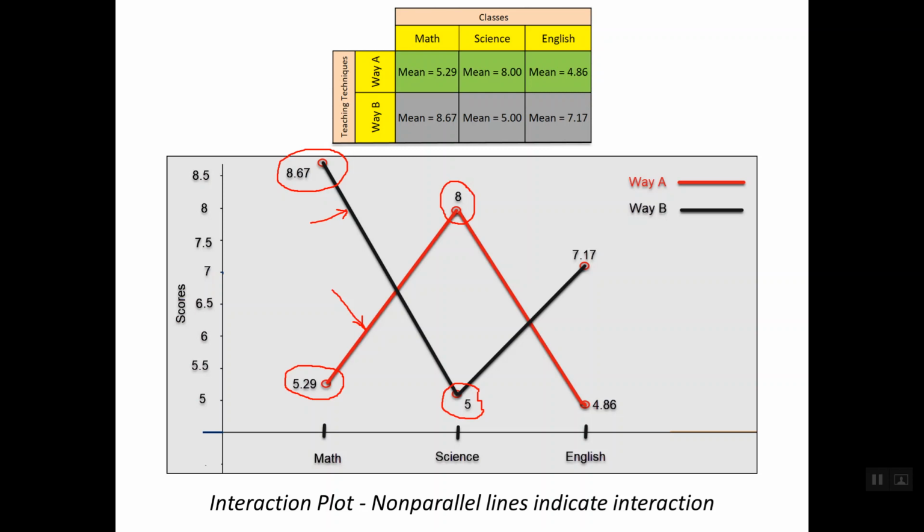And related to the English, for the group taught by the first way, the mean is 4.86, while for the group taught by the second way, it's better, it is 7.17. So as you see here in the plot, there is an intersection between the two lines, and this is simply an indication of the interaction.